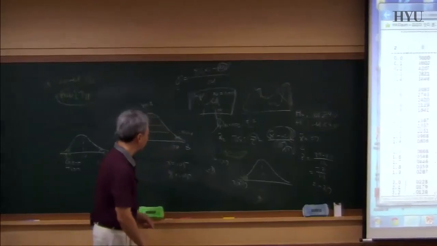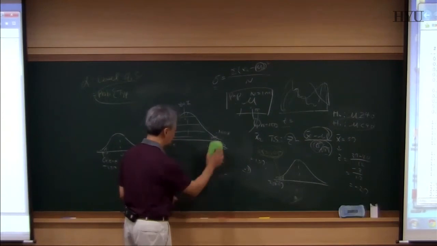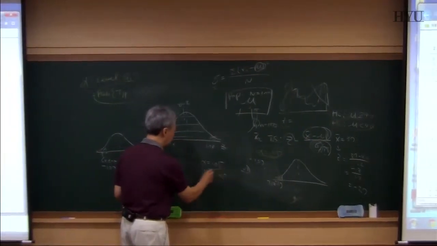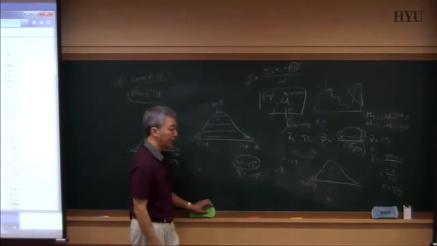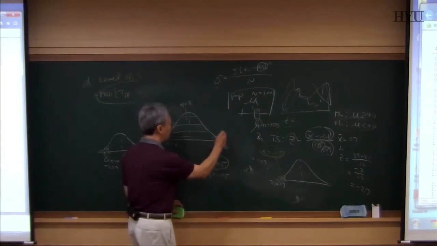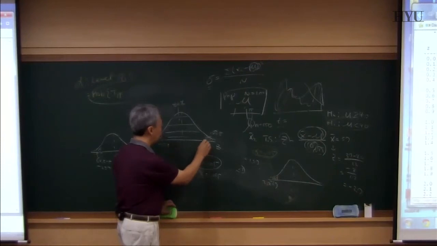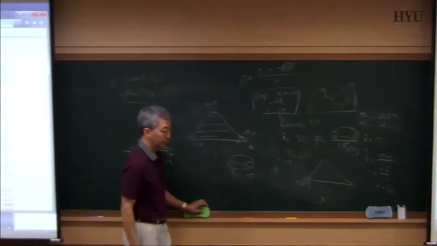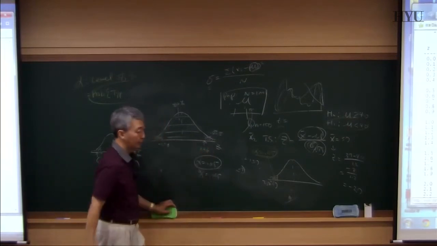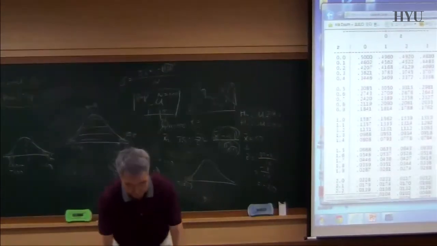When we decided to use 5% as the alpha level, on each side, if you're running a two-tail test, we need to set up 0.025. So what will be this z-score? We find out it's 1.96 from the z-table. That's how you use the z-table.